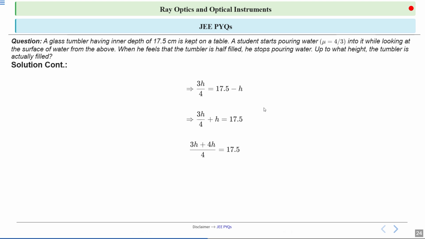This step is crucial for understanding how the refractive index alters our perception of depth. Now we have 7h upon 4 equals 17.5. This equation allows us to solve for h directly. By multiplying both sides by 4 upon 7, we can find the actual height of the water in the tumbler.